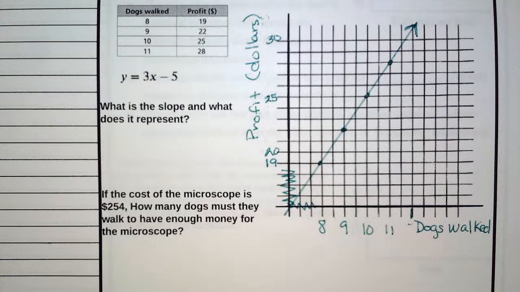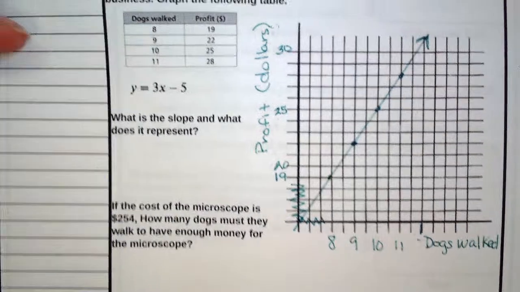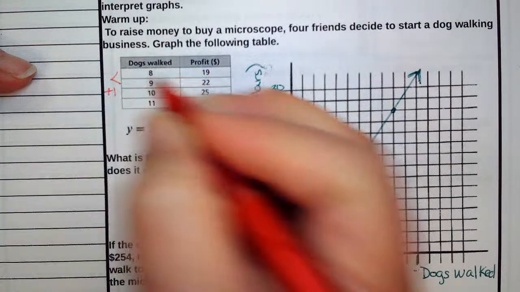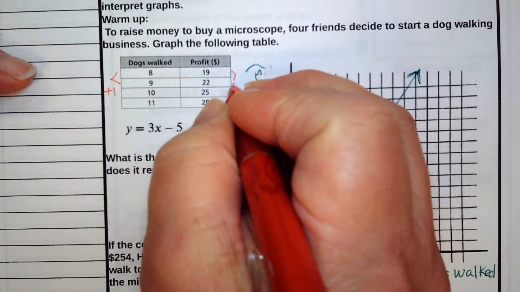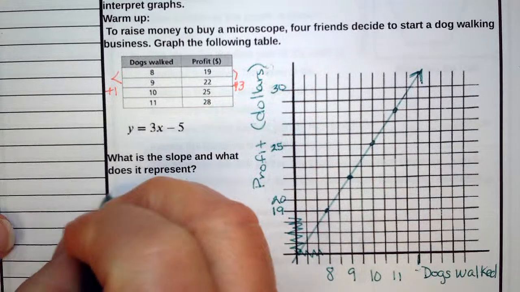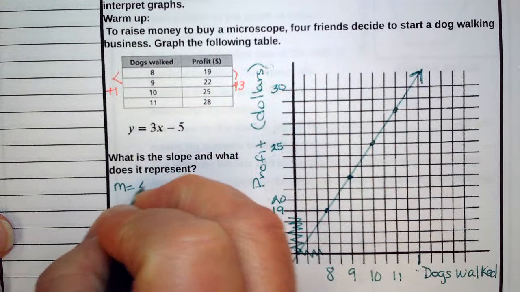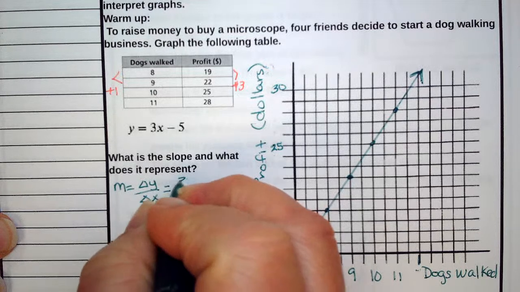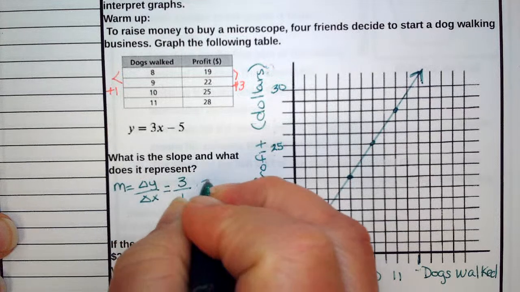But if we're looking at it, what is the slope and what does it represent? We can use either the graph or the table. If I'm looking at the table, it goes up by 1, this goes up by 3. So my slope, which is delta y over delta x, is equal to 3 over 1, or simply 3.